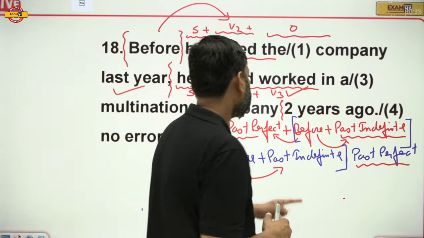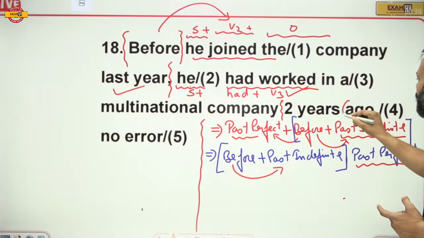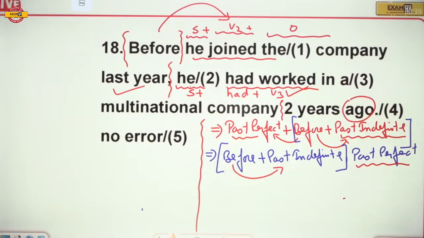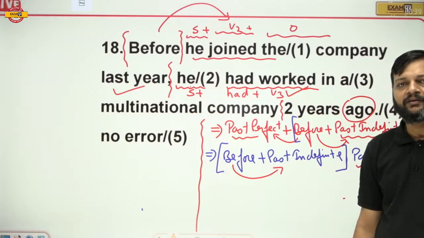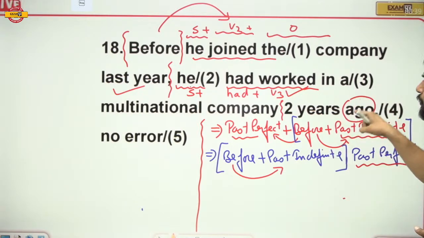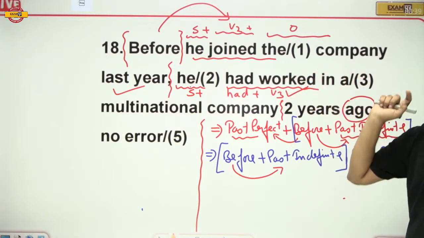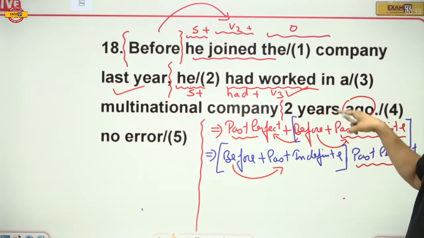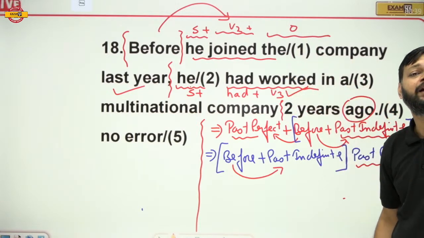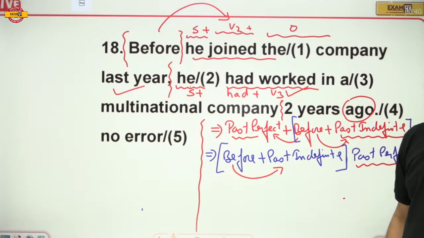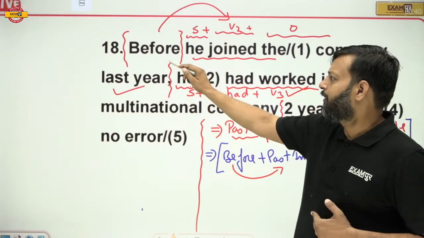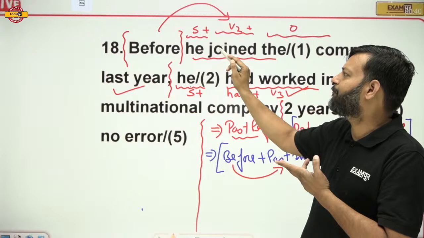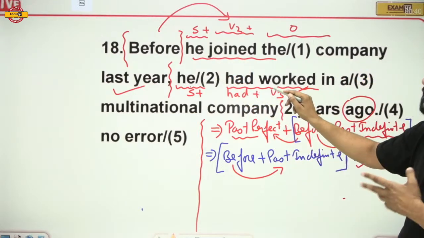Now, the problem is with the word ago. We all know that ago refers to past indefinite tense. So when you see ago, you try to change this clause into past indefinite. But if you change this clause according to the word ago, the whole structure of the sentence will be disturbed, because this sentence has the word before, and after the word before we need a past indefinite and the remaining clause must be in past perfect.